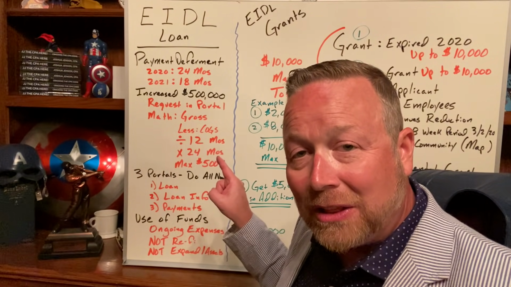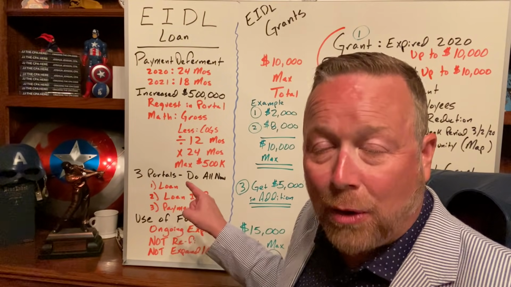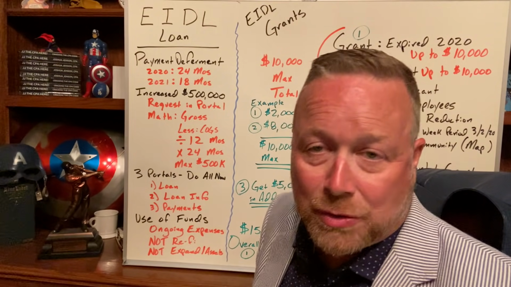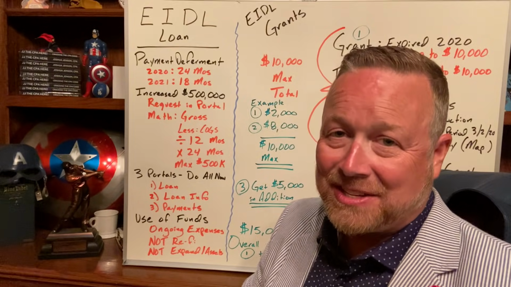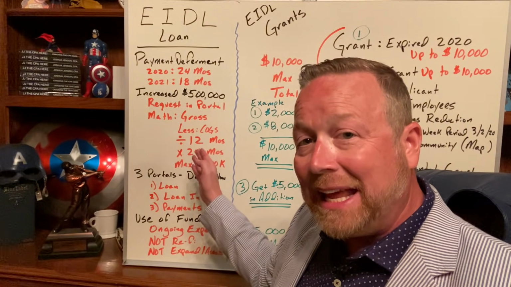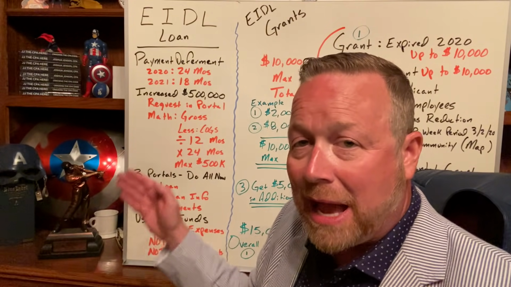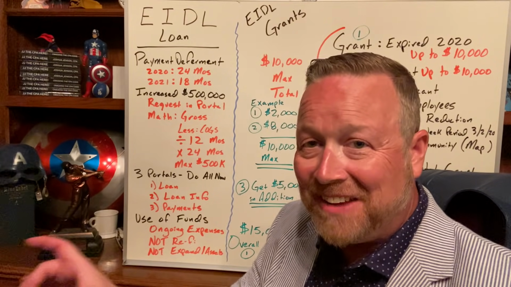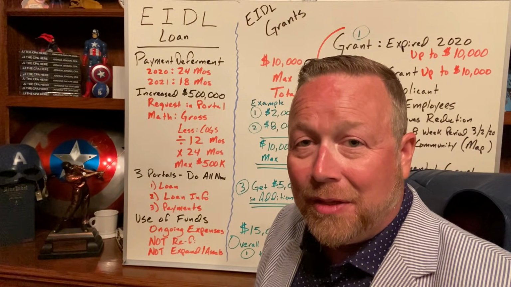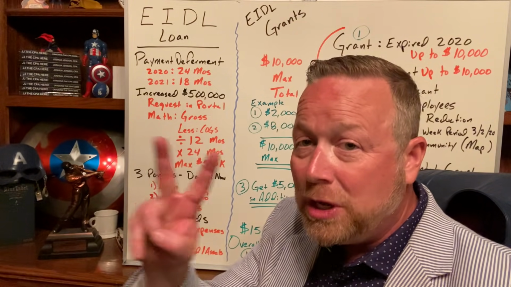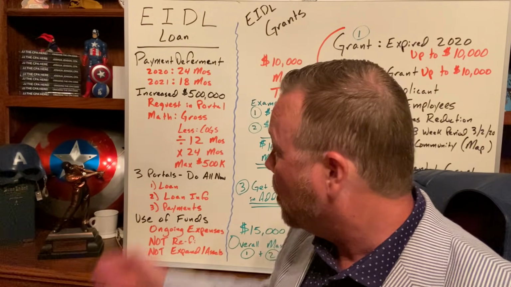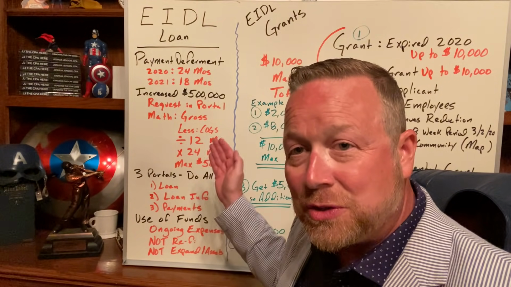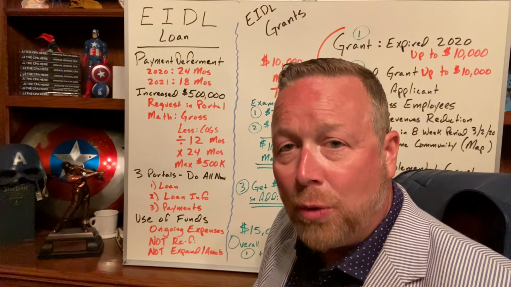And then the loan is either that amount or $500,000, whichever is less. So in essence, you're getting your gross receipts minus cost of goods sold, whatever that figure is for a year, and the loan is 2 years of that amount. So that's the way they describe the math. You can work through that on your own.